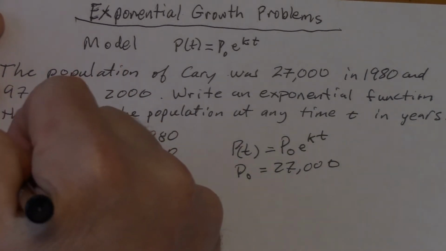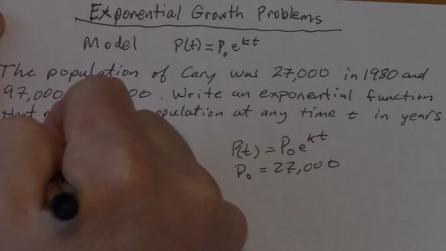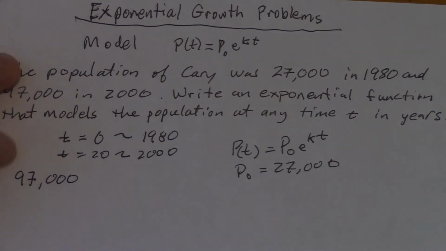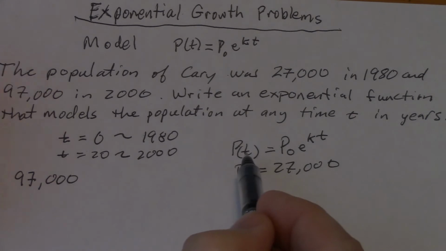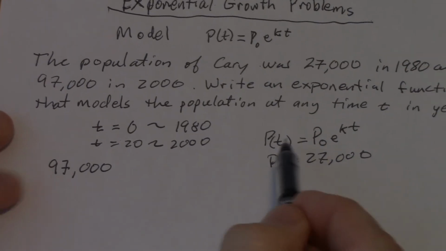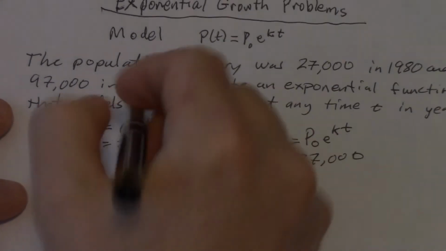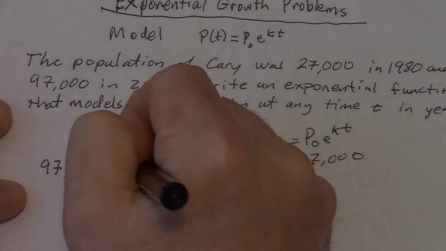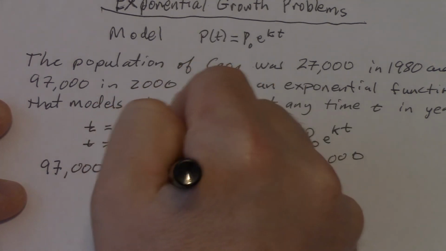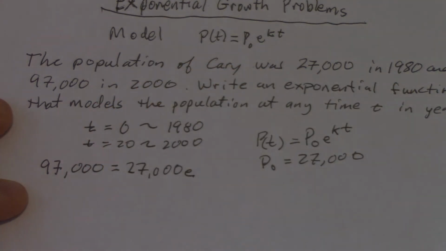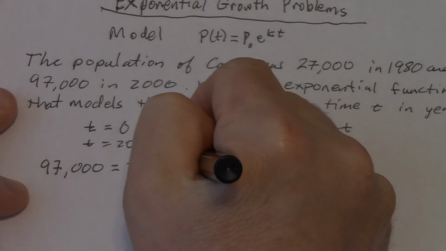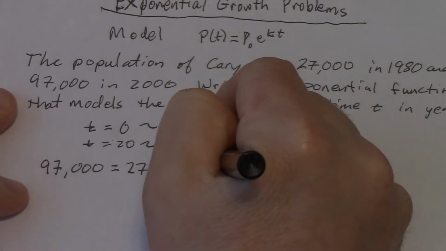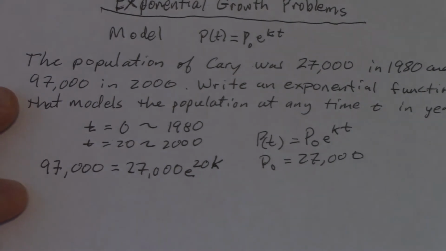So 97,000, that's what P of t is. I'm basically just taking the P of t and replacing it with 97,000. That's equal to 27,000 e to the 20k, because we know t equals 20.